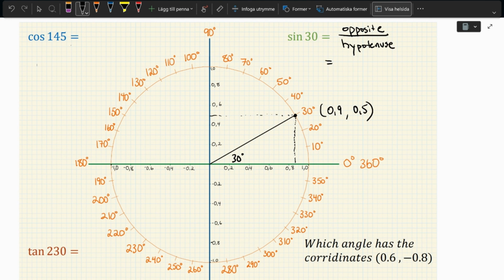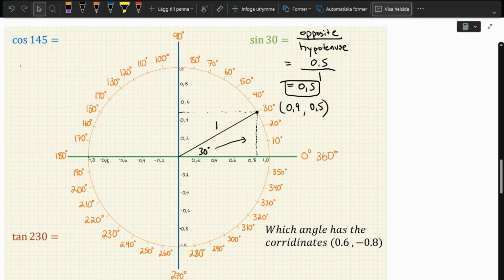So from sine of 30, we're going to look at the opposite side. How much do we go up along the y-axis? Well, that was 0.5. And remember that we have a radius of 1 along this circle. So any line going from the origin all the way to the edge of the circle will be a value of 1.